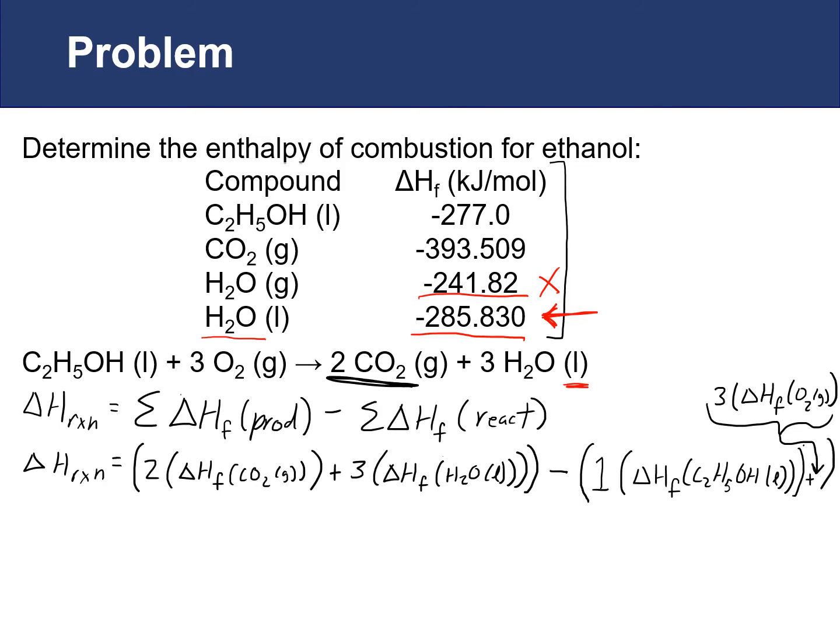Okay, so entering in our values, change in enthalpy of our reaction would be equal to 2 times negative 393.509, and that's kilojoules per mole, plus 3 times our value for the enthalpy of formation of water as a liquid.